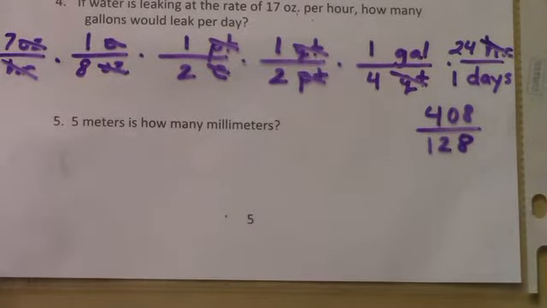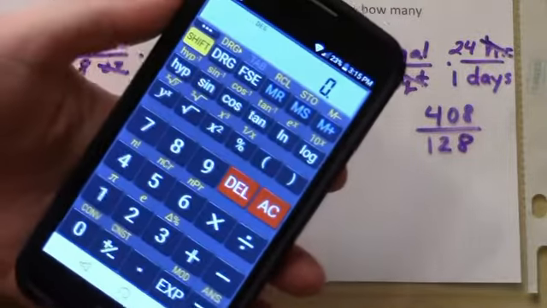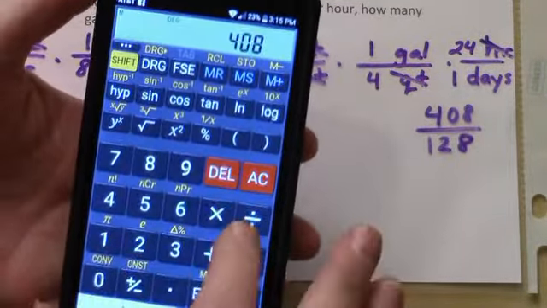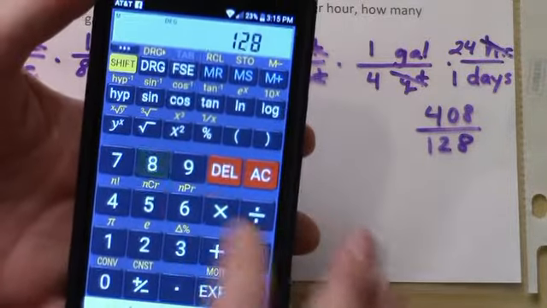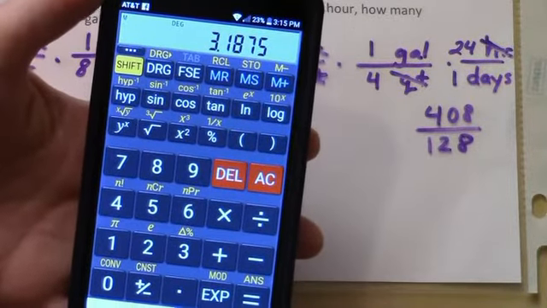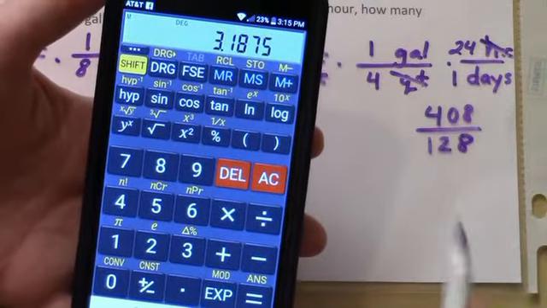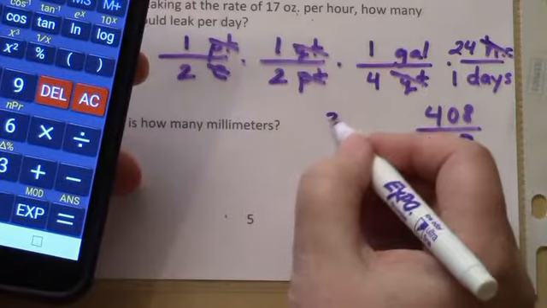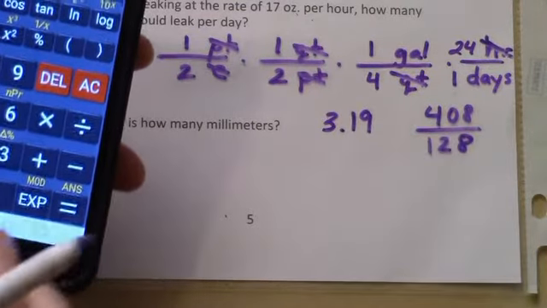And I'm actually going to use a calculator to do that. Did not do it ahead of time. So here we go. On our calculator, we're going to take 408 and divide that by 128. And that gives us 3.18. We're going to round and make it a 19. So our answer is 3.19.